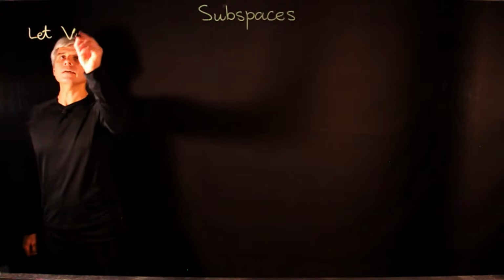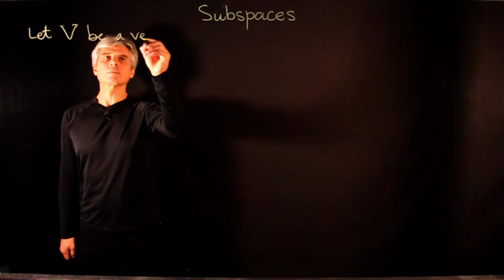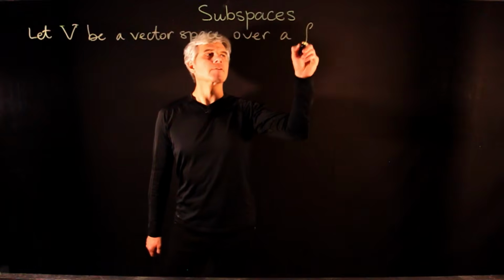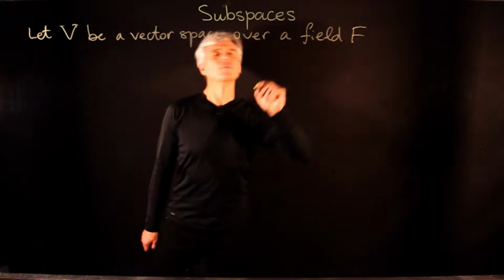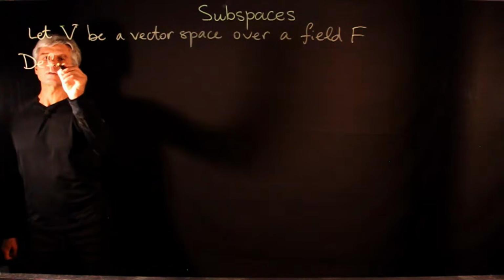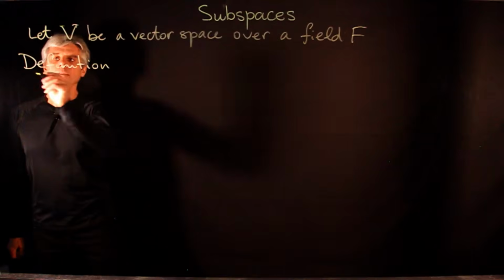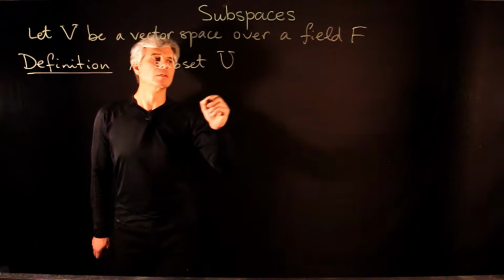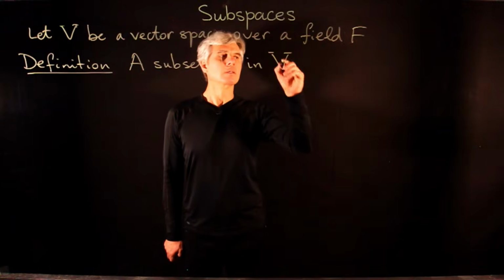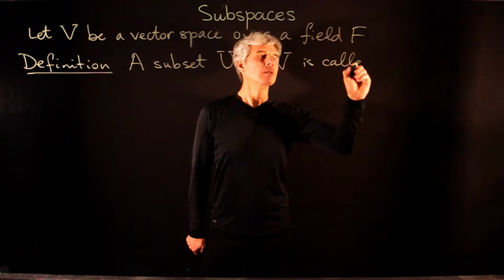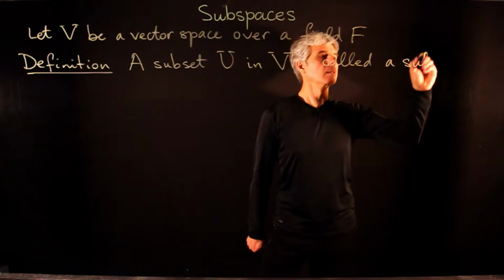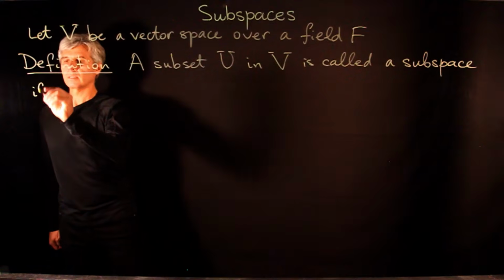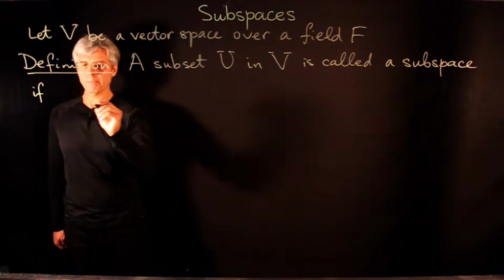So let V be a vector space over a field F. Definition: a subset U in V is called a subspace if it satisfies three properties. 1.